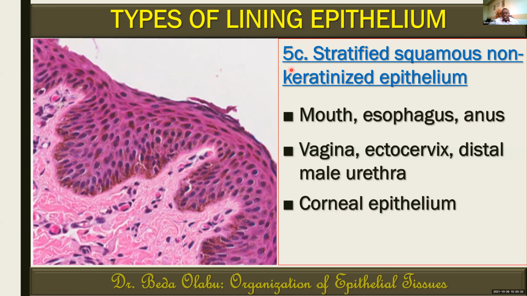The corneal epithelium is the epithelium in front of the cornea. And then we have the vocal cords. They're also lined by this kind of epithelium. Again, you agree with me that it's subject to friction.